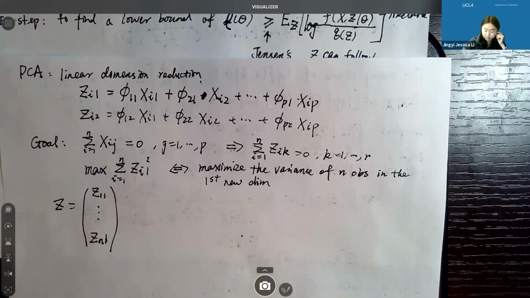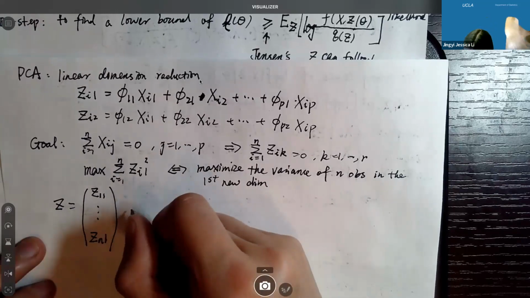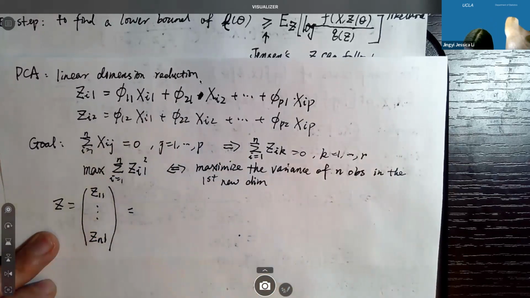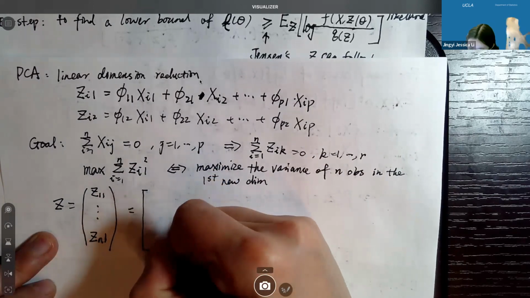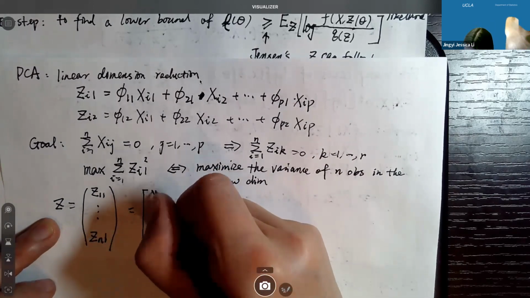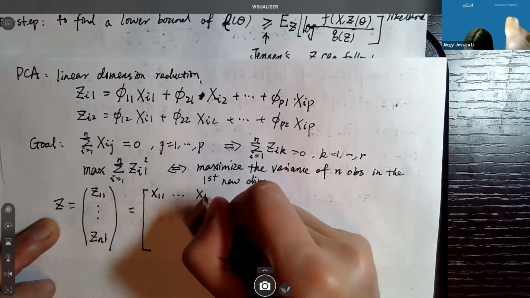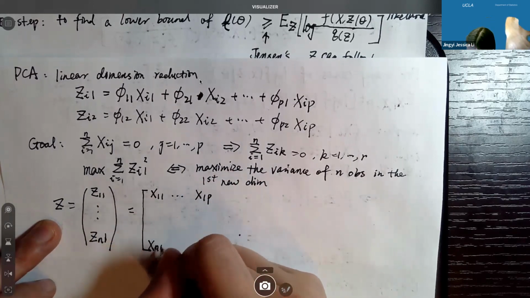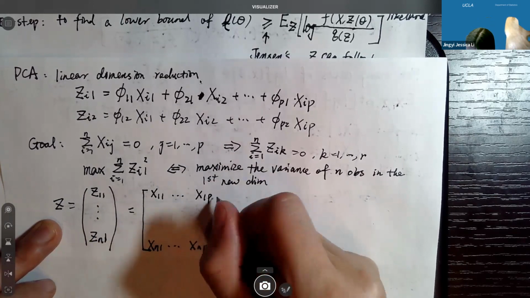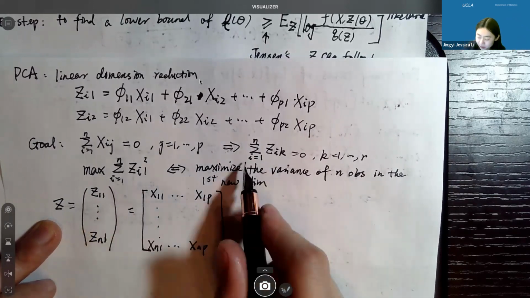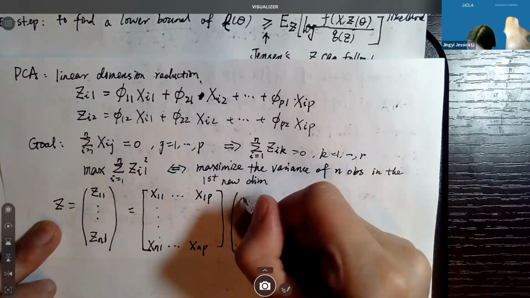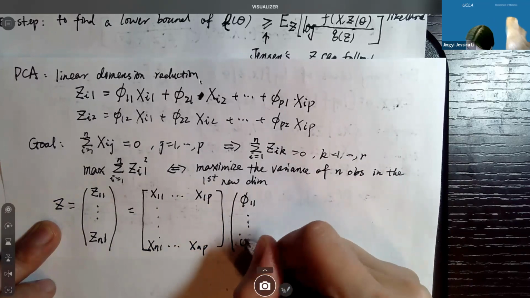If you're familiar with linear algebra, you can recognize that this is equal to this whole matrix, x11 to x1p, the first observation in the first row, to xn1 to xnp, multiplied by a column vector, phi 11 to phi p1.